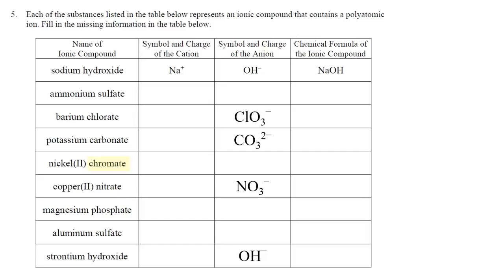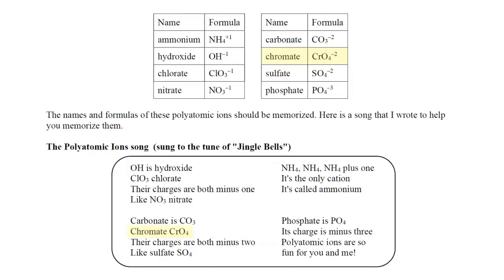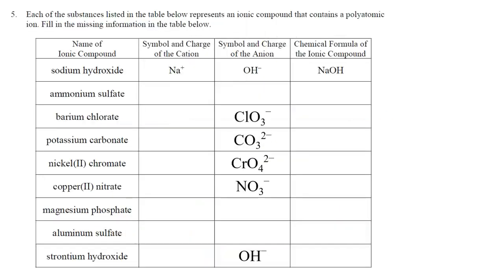There's chromate, CrO4, 2-. And then there's one more -2 ion from that song. It says their charges are both -2 like sulfate SO4. So I'm looking for SO4, 2-. There's sulfate. It's actually written twice in this table. So it's SO4, 2-.